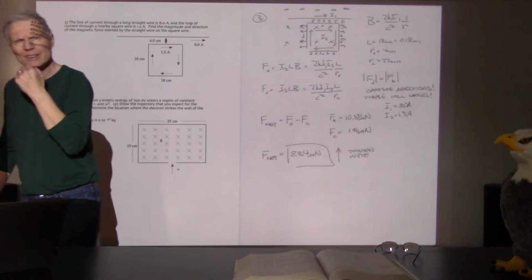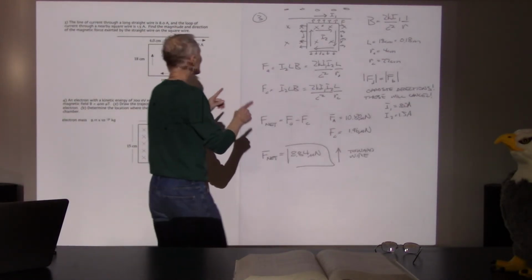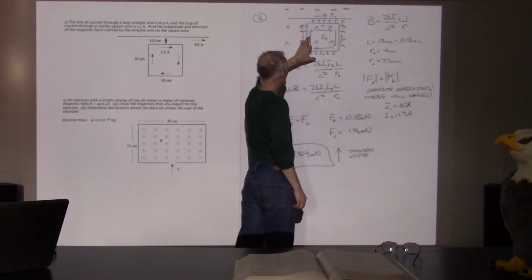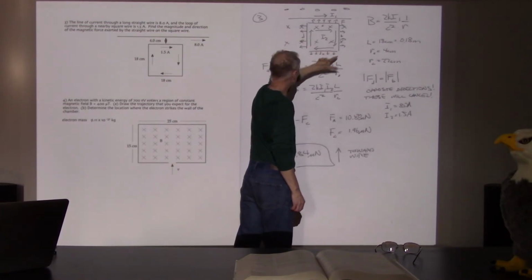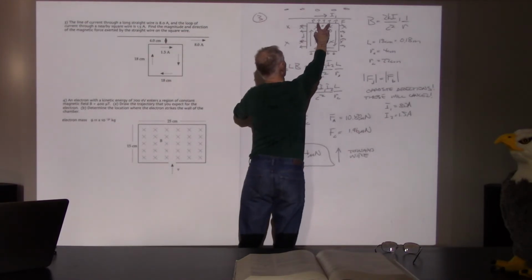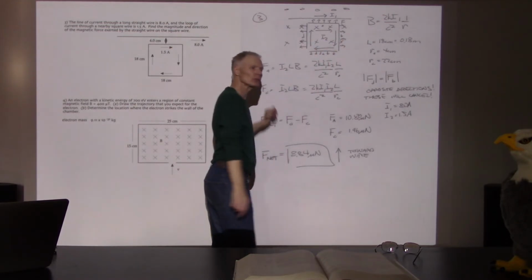All right, questions on any part of that? So you can see how you have to step through. What would happen if they ask it in the opposite direction? If they said, what force is current 1 experiencing as a result of this square of current? That's hard. I would have to find out what is the magnetic field due to this square loop.